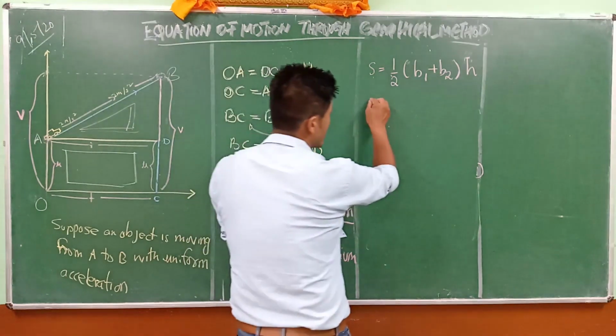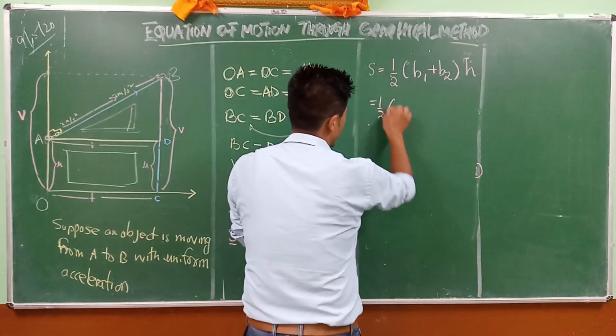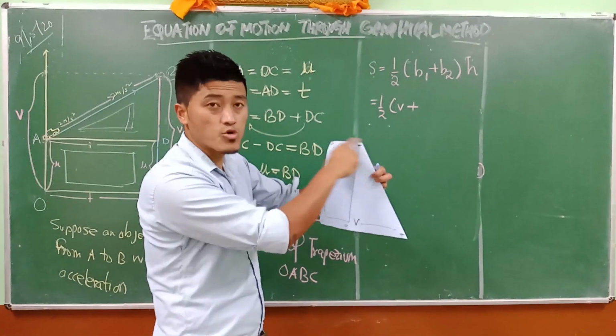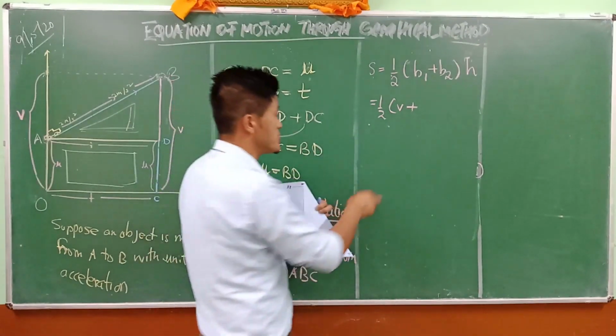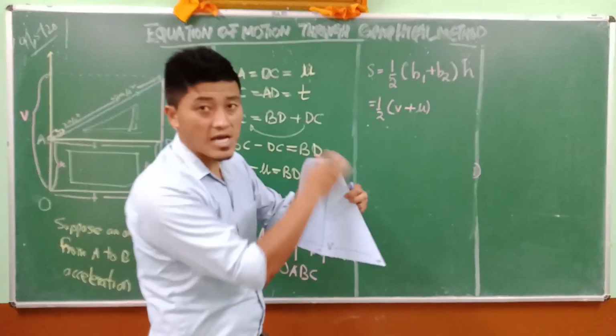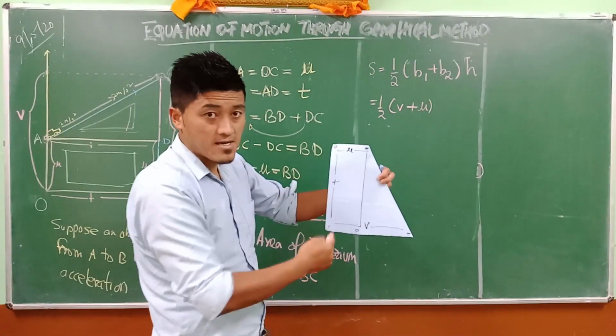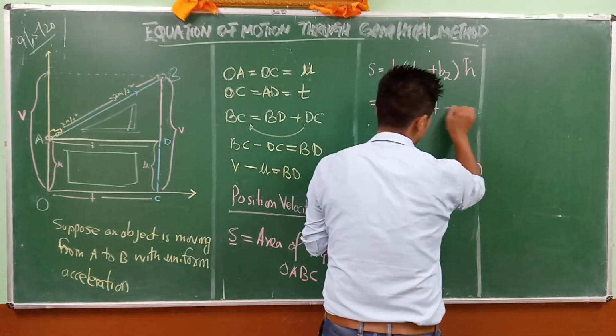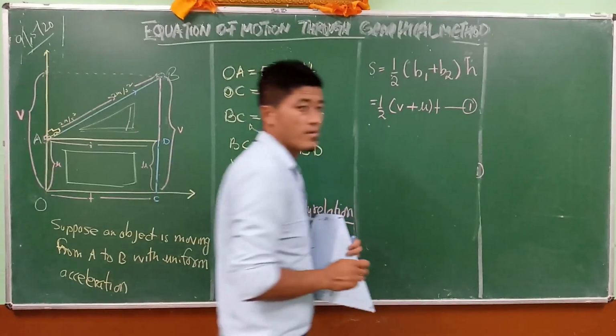That is V, so S is equal to half V plus, what is base 2? This is base 2 on top here. That is U. What is height? This is not the height. This is the height. What is height? T. And we are going to keep this as equation number 1.